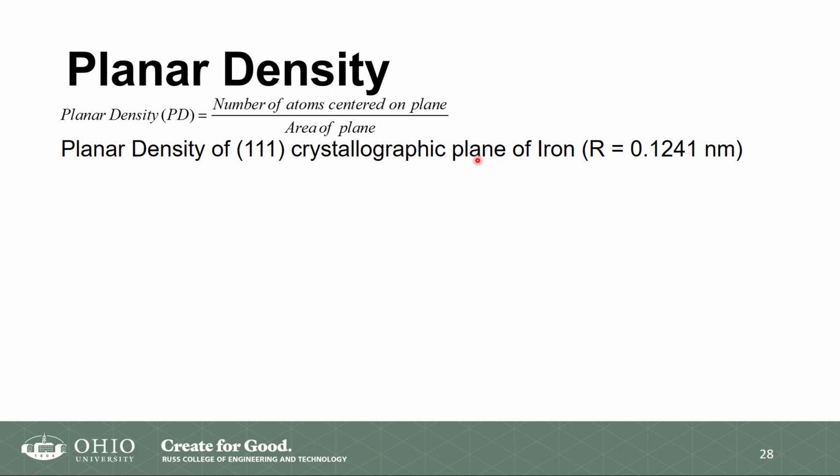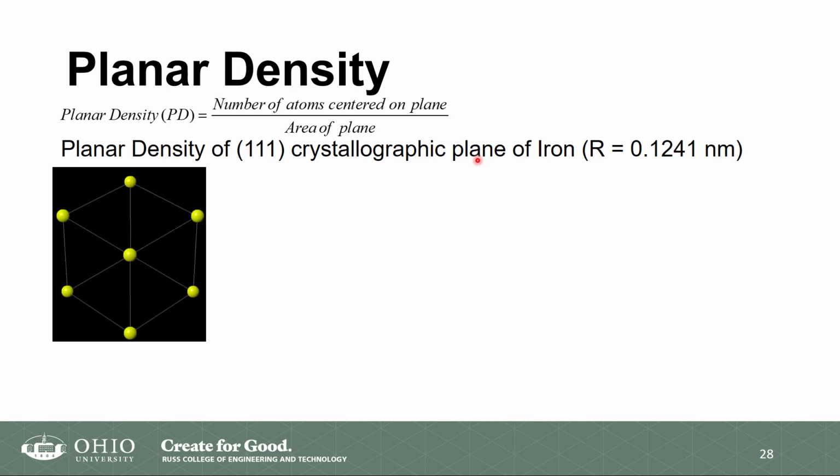What if we did the planar density of the 111 crystallographic plane? We can start again with our visualization. We have the same body-centered cubic unit cell, but your 111 plane is a triangular plane, where the sides of your triangle are the diagonals of the faces.